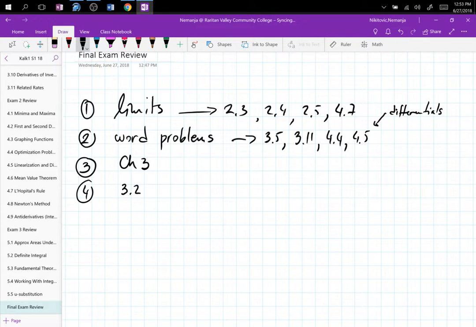So that includes also first and second derivative tests, which is actually 4.2, min max. So let's go 4.1, 4.2, and 4.3 graphing functions, because we are using derivatives to graph functions and so on. So that's all of that stuff regarding functions, its derivatives, its graphs, and the connections between all of those things.